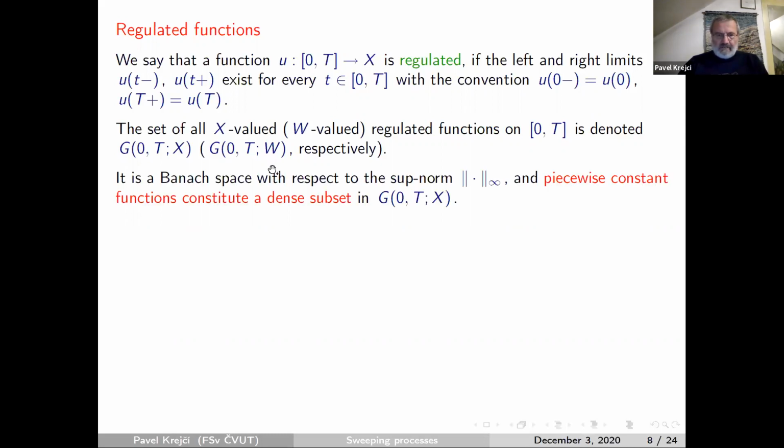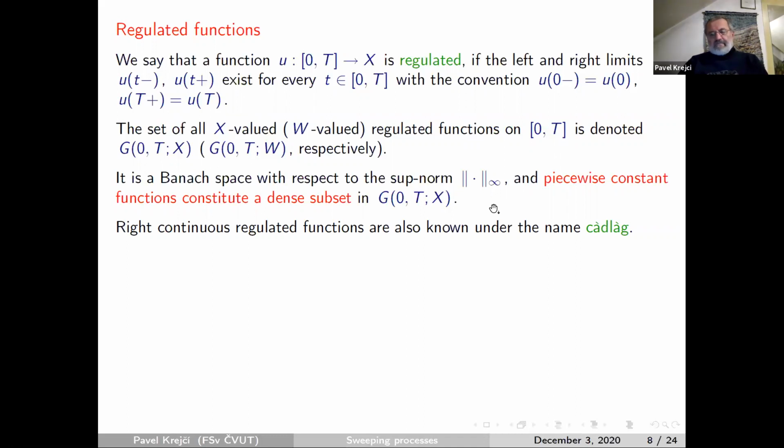I just mention that this is a Banach space with respect to the sup norm, and it is the closure of piecewise constant functions, of step functions. So step functions constitute a dense subset of the space of regulated functions.